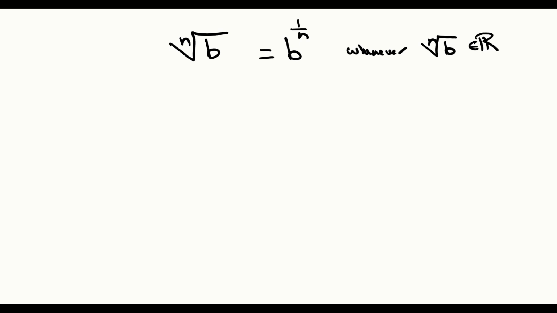We say the nth root of b is equal to b to the power of 1 over n whenever the nth root of b belongs to the set of real numbers, meaning basically it's well defined and it's a real number.